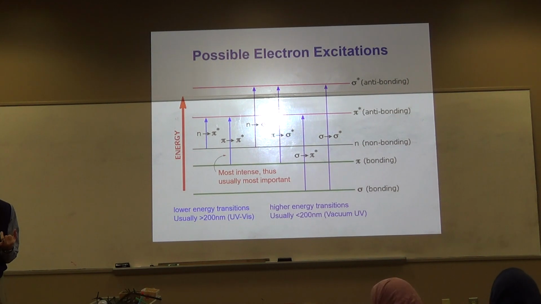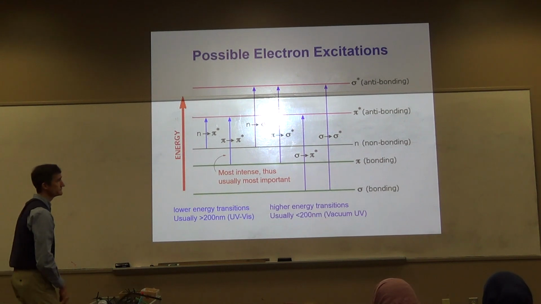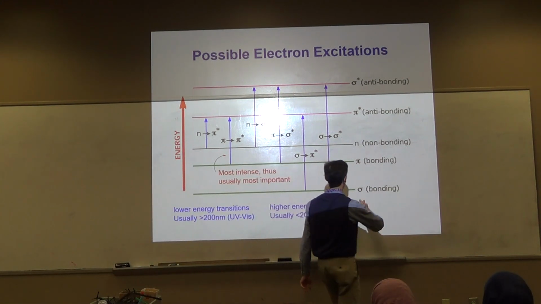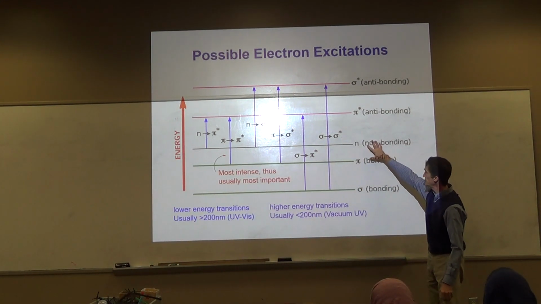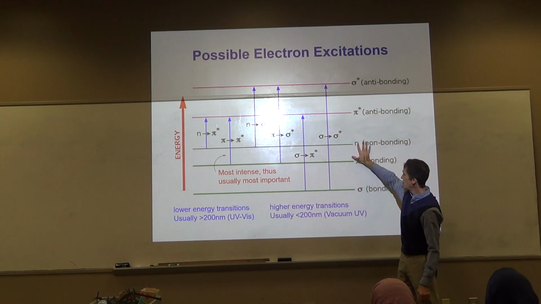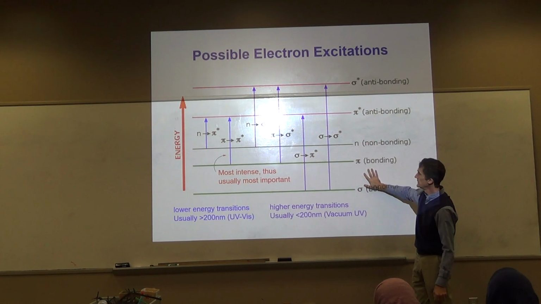Sigma electrons? Those are electrons that are in sigma bonds. Pi electrons? Those are electrons that are in pi bonds. What other type do we have? Lone pairs. Lone pairs, or non-bonding electrons. That's three types. And that's three types shown here. Sigma, pi, non-bonding. These all have a certain energy level.